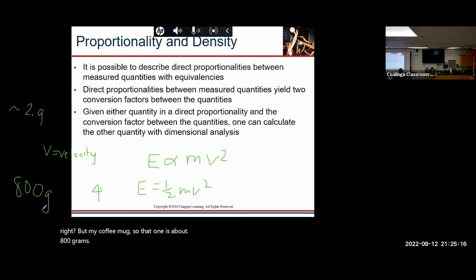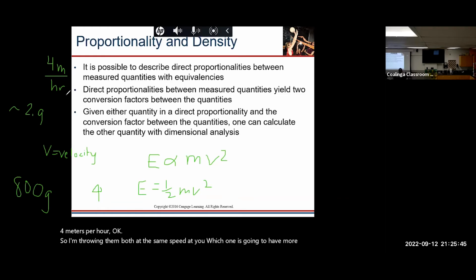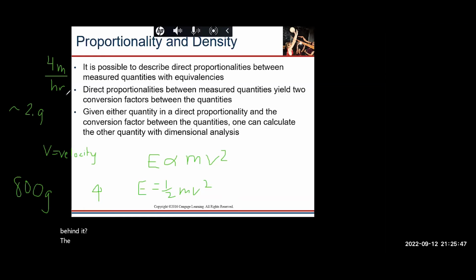Now I want you to think about it in terms of the energy. If I'm throwing them both at the same speed at you, we'll say 4 meters per hour, which one is going to have more energy behind it, the coffee mug or the ping pong ball?